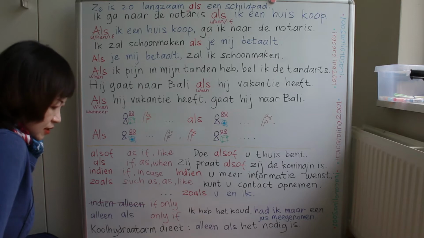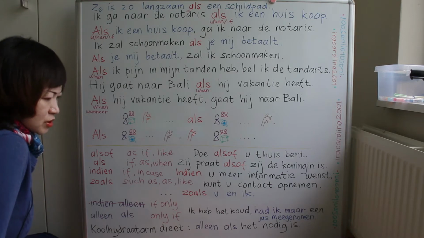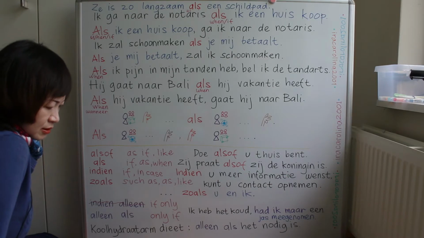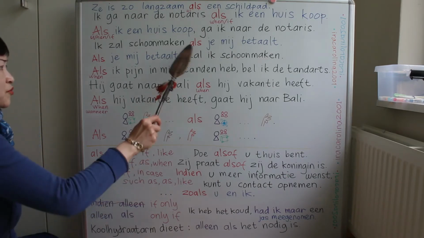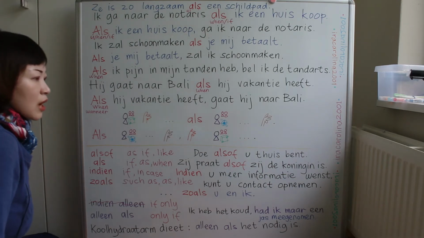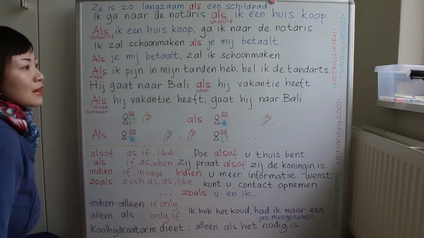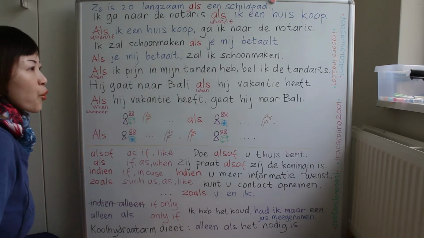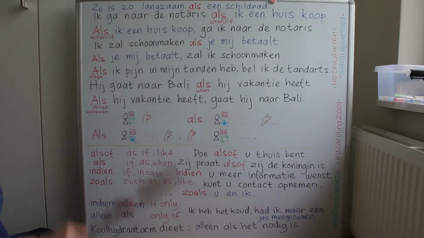Before, when I studied it the first time, I thought that when you have to say "if", you just use the word "als". So "als" is "if". But it turns out that this word "als" also stands for "wanneer" in Dutch.